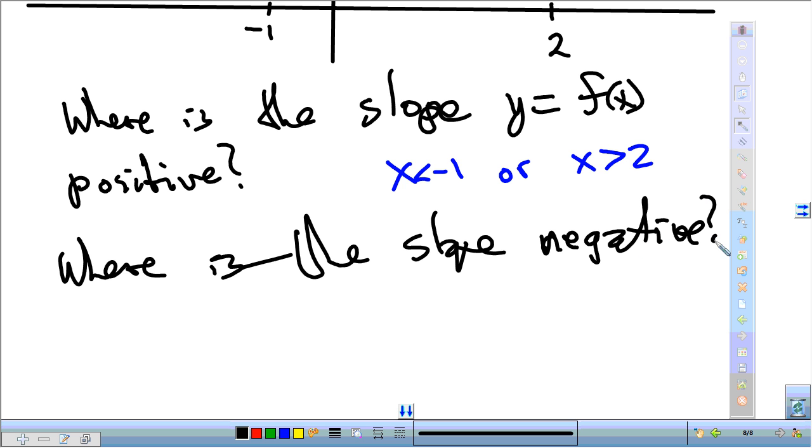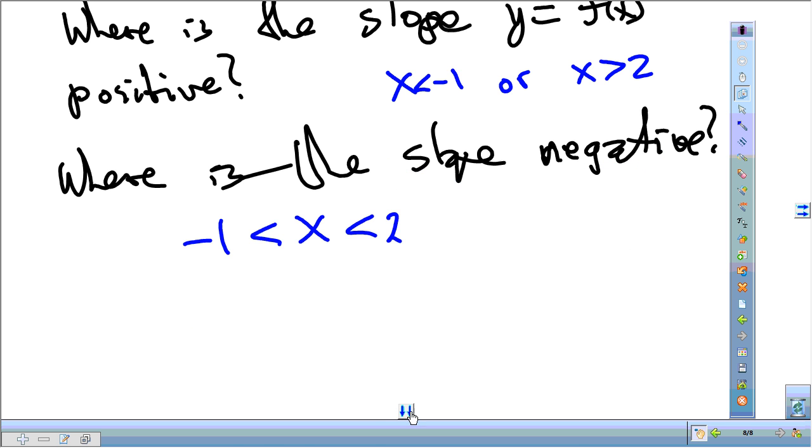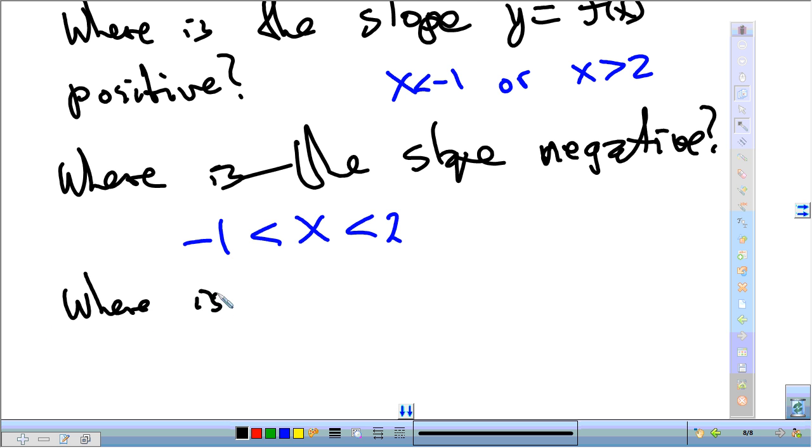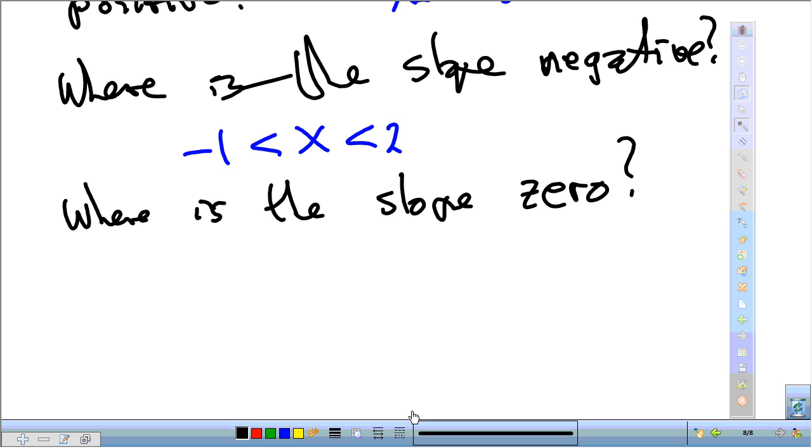Of course, we could have asked where is the slope negative. And that's the part between something close to -1 up to about 2. And then we could wonder, where is the slope 0?